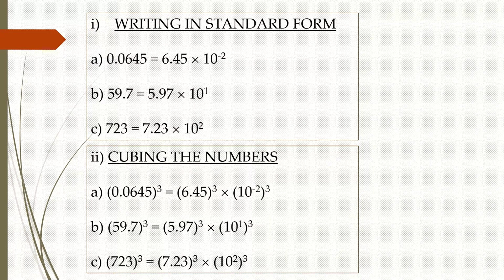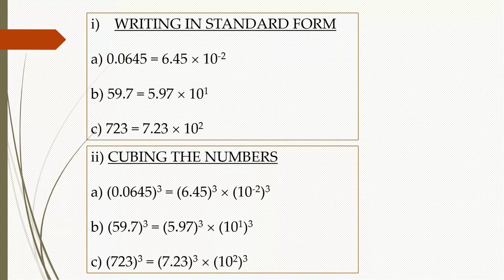So as we continue, first by use of our mathematical tables, it will be 6.45, 5.97, 7.23, and these are the numbers that we are going to check the cubes of in a mathematical table.